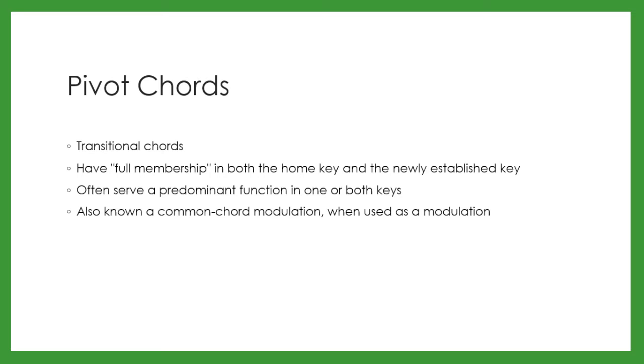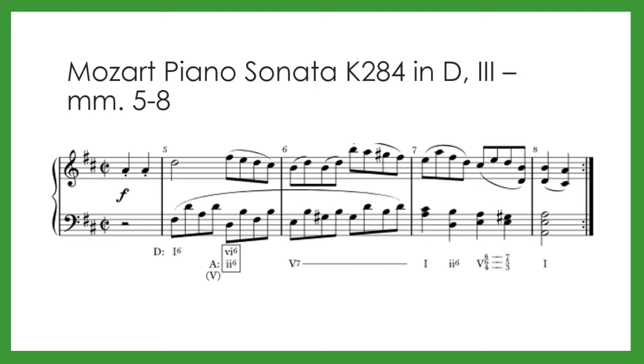So let me explain this Mozart Sonata K284 in D. This is the second phrase, actually, the consequent. This is where the modulation happened. It started with the D, but in the first inversion, and then it went to the sixth chord.